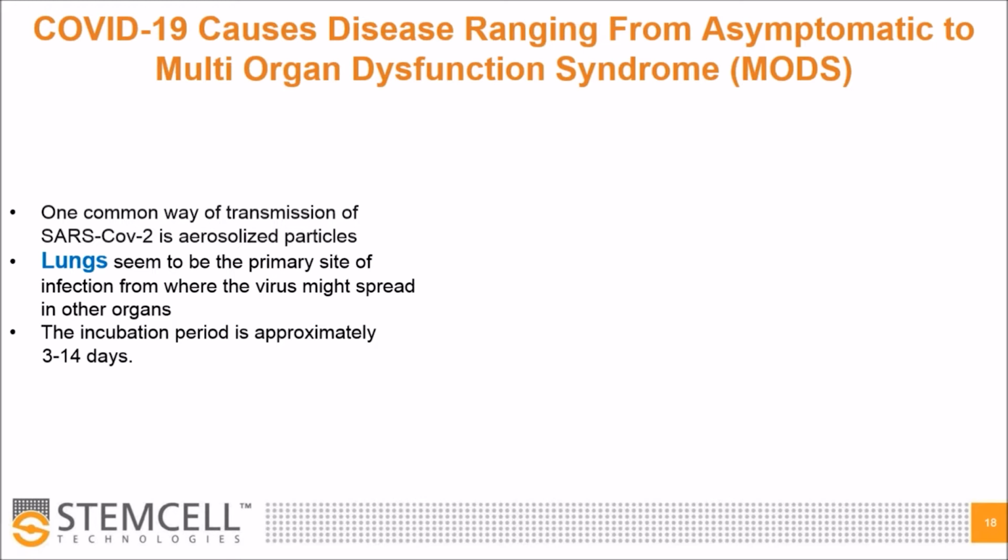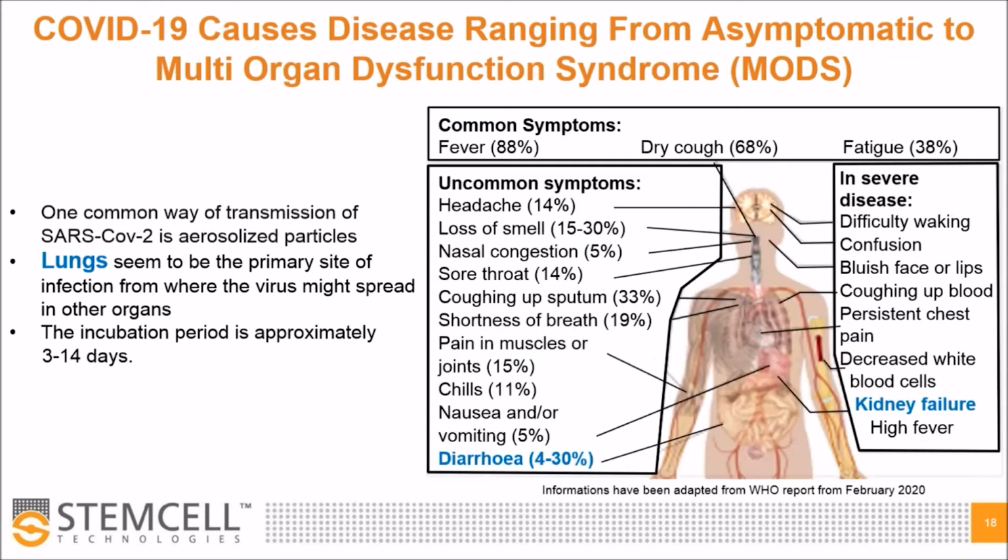Something to think about is that besides the common symptoms indicated by the World Health Organization, being fever, dry cough, and fatigue, there are reports of other common symptoms affecting multiple organs, such as the intestine, as other coronaviruses have already been described for, or, in severe disease, also affecting the kidneys.